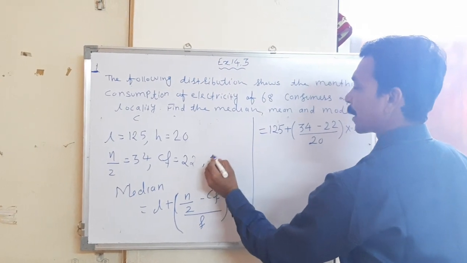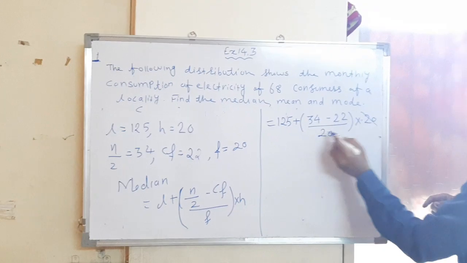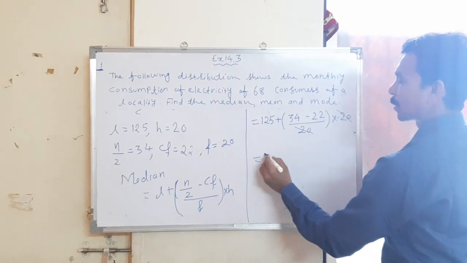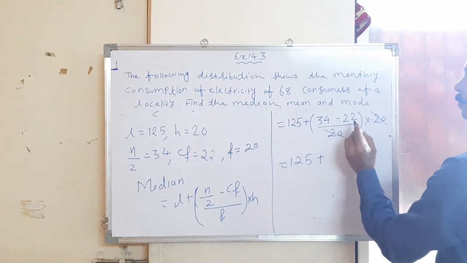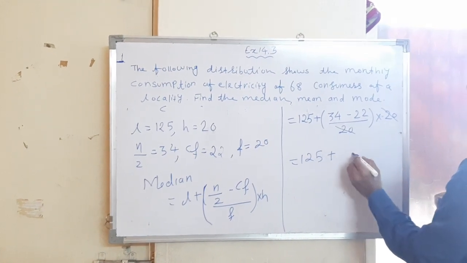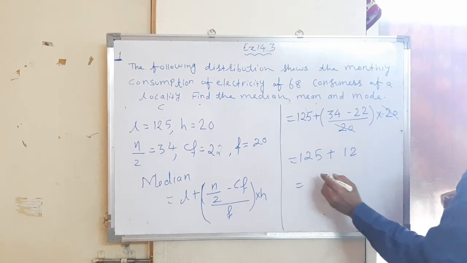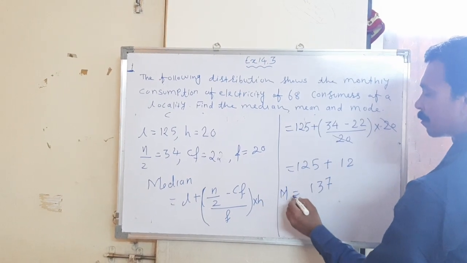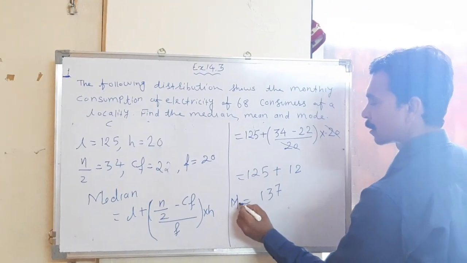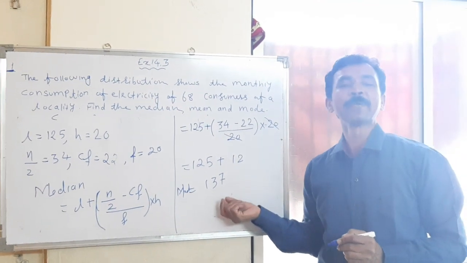I forgot to write here, frequency is 20. Now this 20 gets cancelled with this 20. Equal to 125 plus 34 minus 22. 4 minus 2 is 2. 3 minus 2 is 1. 125 plus 12 is 137. This is your median. So this is the way to find median.